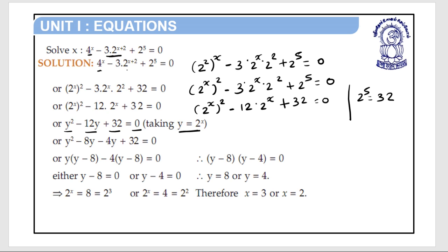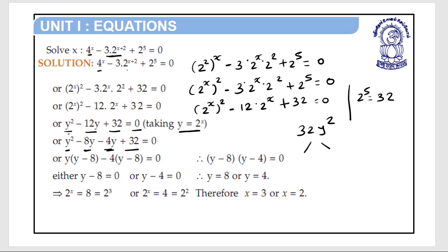Here y square minus 8y minus 4y plus 32 is equal to 0. Multiplication of the first and last terms is 32y square. Now we require minus 12y. 16 twos are 32, but 16 minus 2 is 14 and 16 plus 2 is 18, but we require 12.